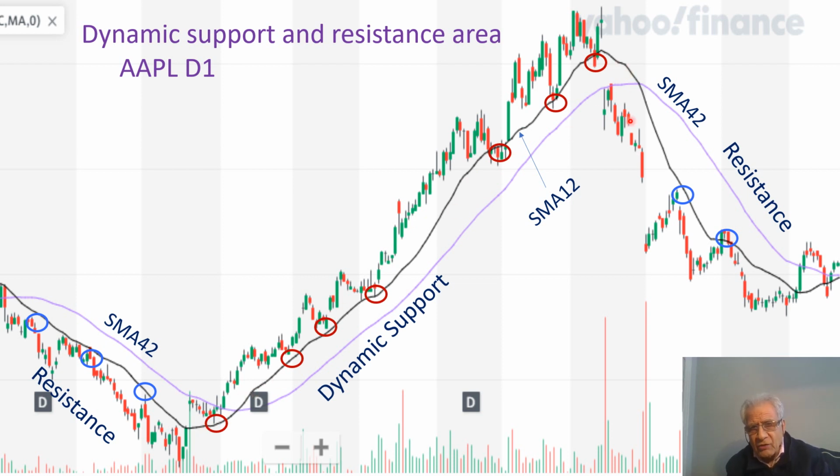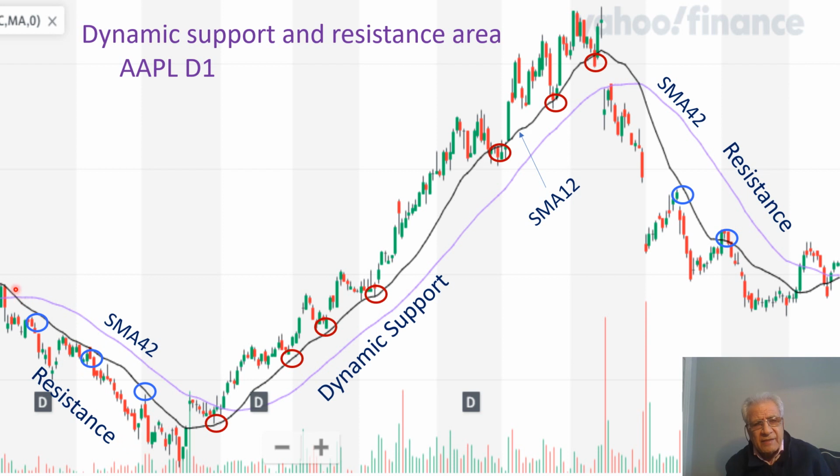And from here to here, I have 2 touches, and this part is considered as dynamic resistance. And also from here to here, I have 3 price rejections. So this part is considered as dynamic resistance.